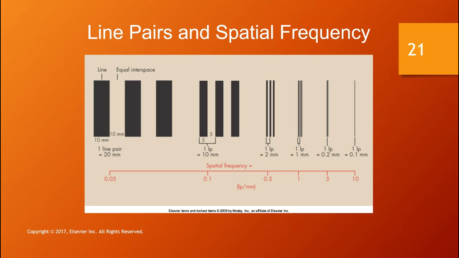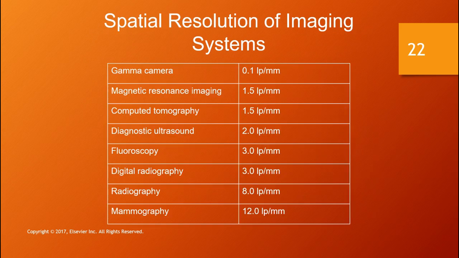I want you guys to be aware, and this next slide will show you, that the unit of measurement for recorded detail is line pairs per millimeter. And the best spatial resolution out there in imaging is mammography, which can show 12 line pairs per millimeter.